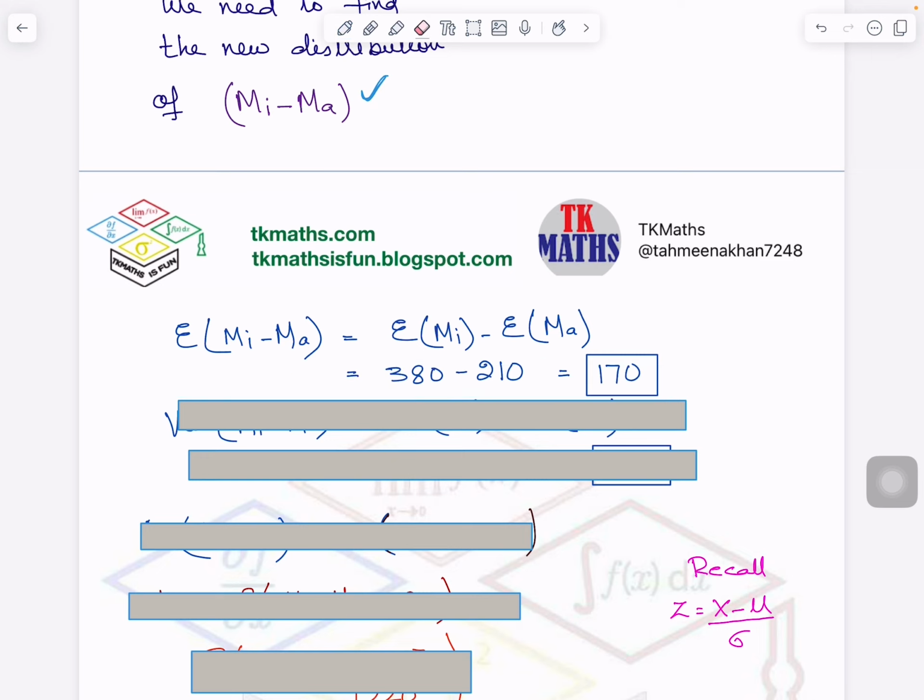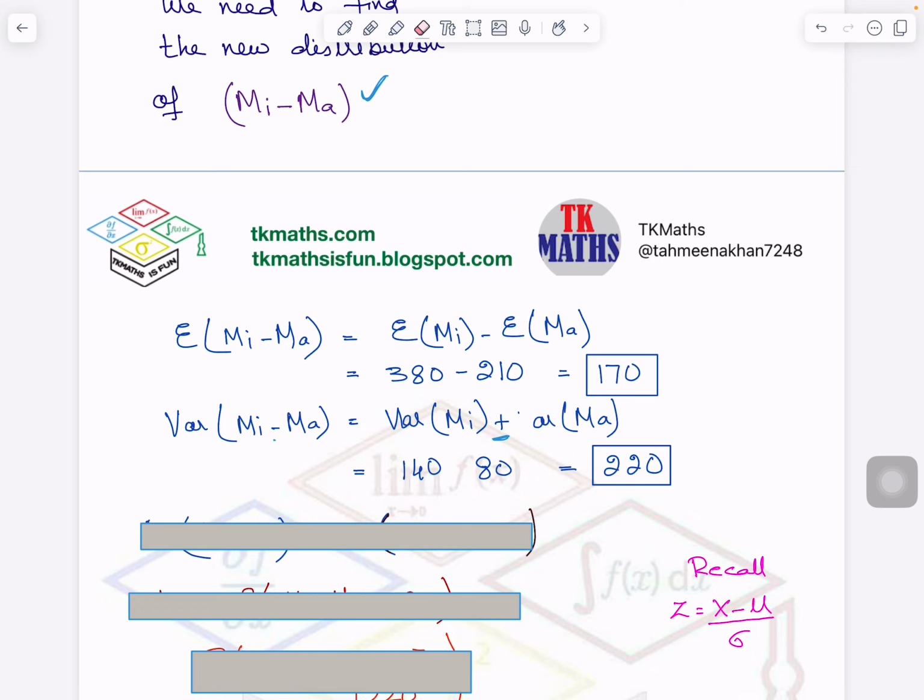I have taken it from the distribution: 380 minus 210, 170. For variance, what do you notice here? Addition. Though it is minus here, we always add, you know that thing, right? So I have written the values. I got the new distribution for MI minus MA, 170 and 220.